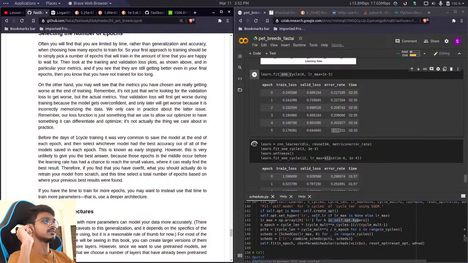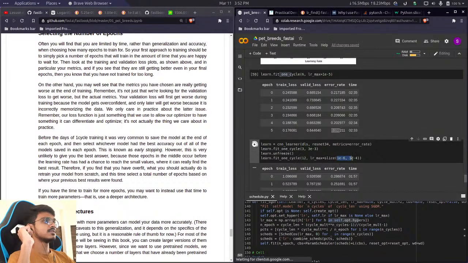Okay, it means this range. The learning rate doesn't get a chance to reach the small values. Wait, we start from the small values.